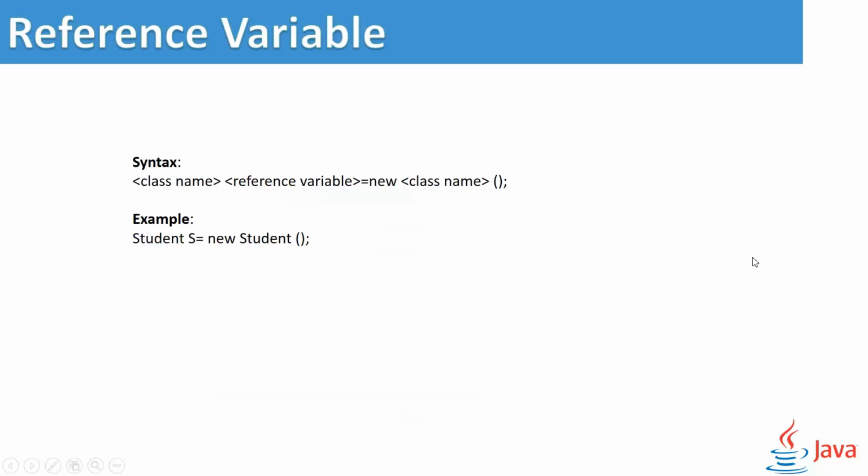Now let's talk about the reference variable. It is used to refer to an object only. It does not contain the actual object, but it contains the address of the object.